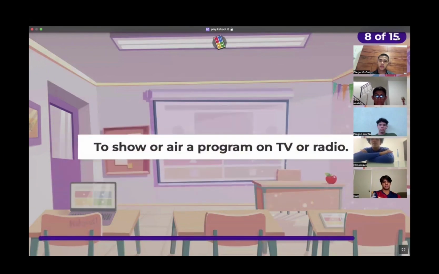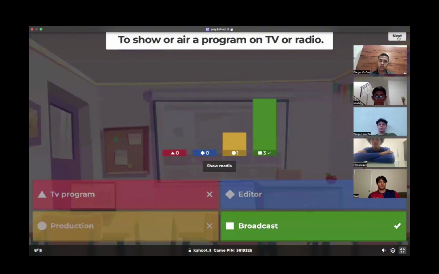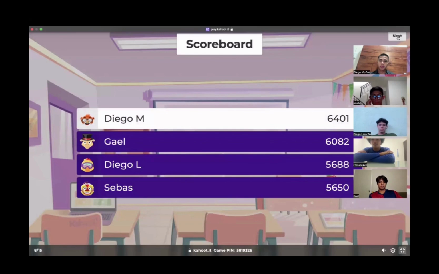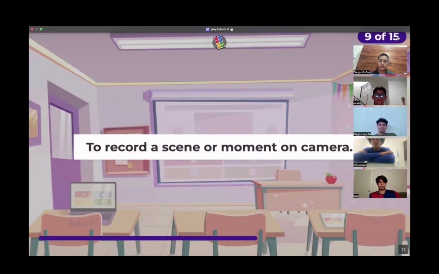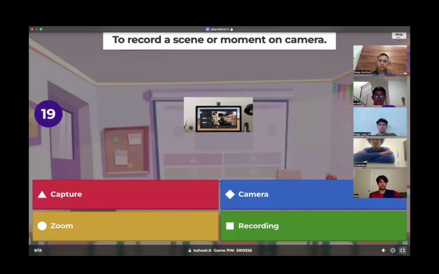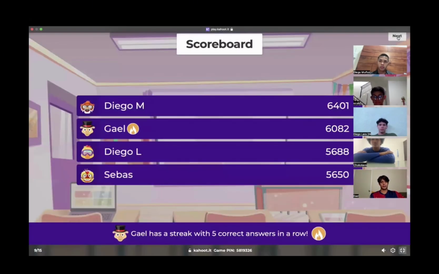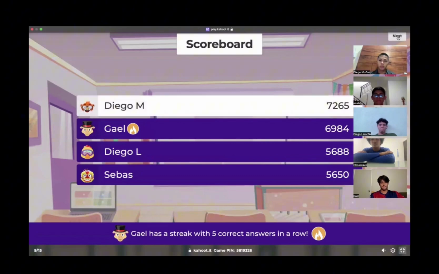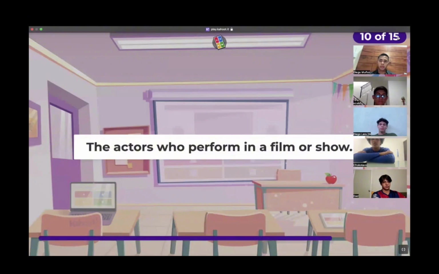To show or air a program on TV or radio. To record a scene or moment on camera. The actors who perform in a film or show.